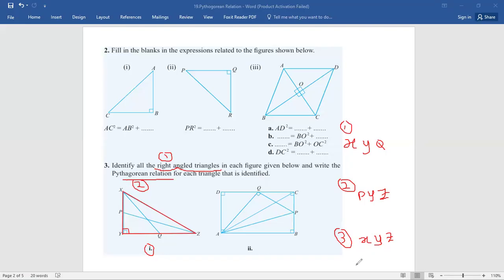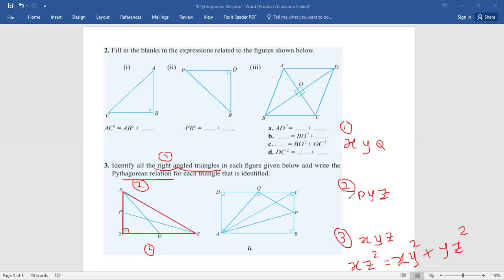So I will write XZ squared equals the other sides, XY squared plus YZ squared. That is how we are going to apply the Pythagorean relation to the XYZ right angle triangle.